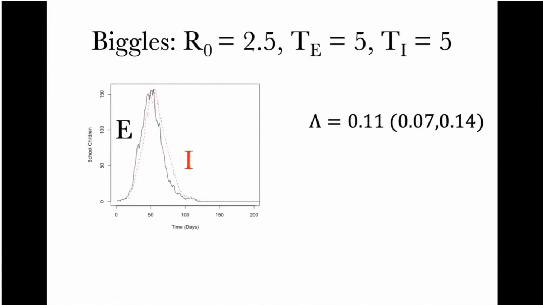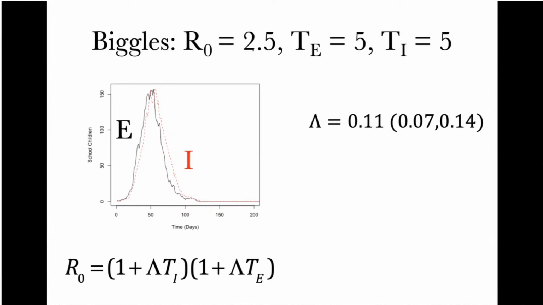So when we shift the model and we now have an exposure class in it, we need to factor that into R naught, so that we take care of that extra delay.